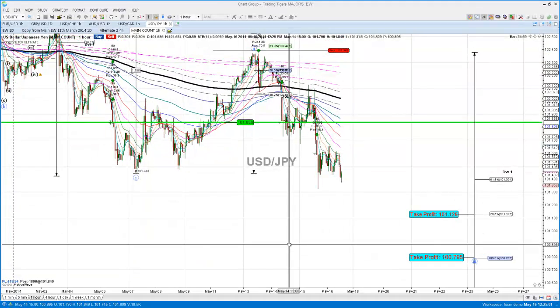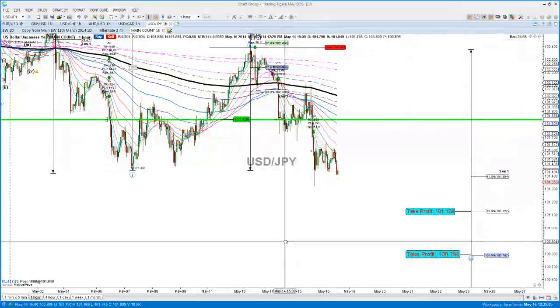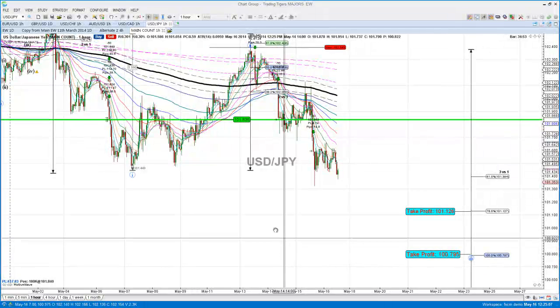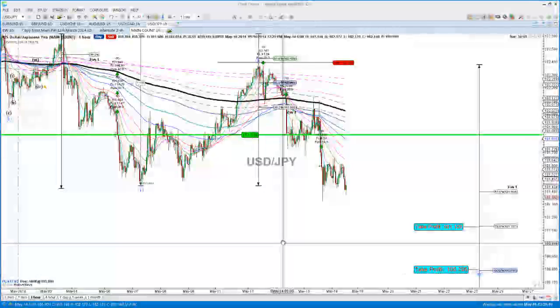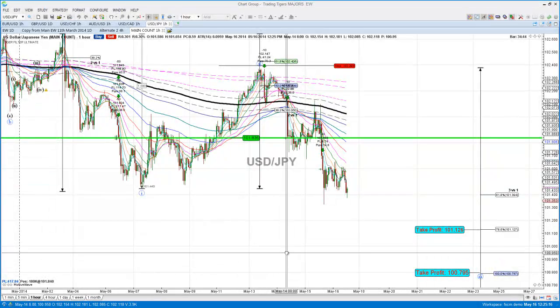As you can see, we took our entry at 101.836 and are currently 22 pips in profit for one trade, and the other trade we had entered at 102.47 and is currently 70 pips in profit.